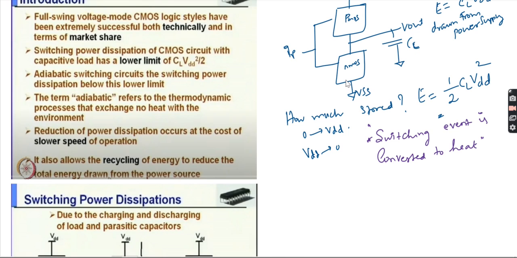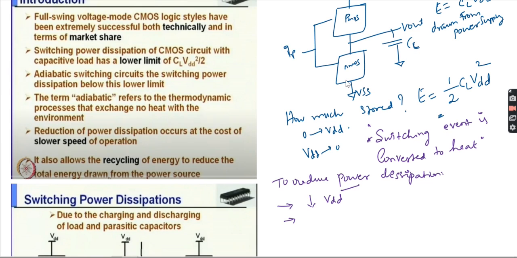So what do we have to do for this? We need to reduce the power dissipation. What the circuit designers did was to reduce the power dissipation. What are the techniques they use? They can reduce the supply voltage, which we studied.